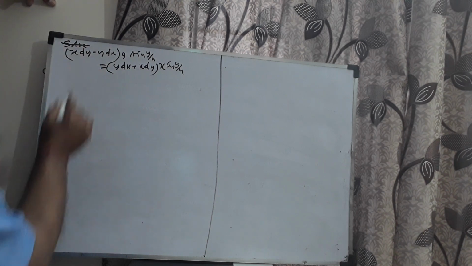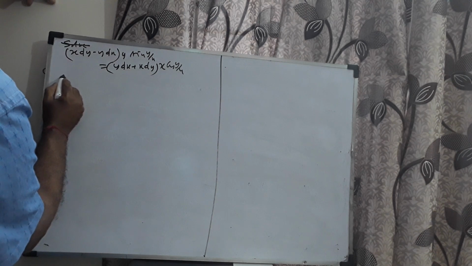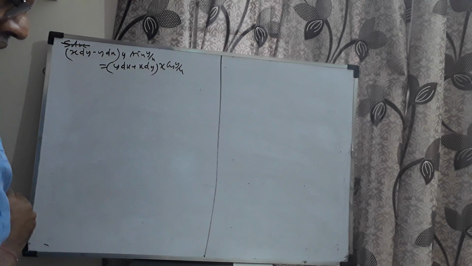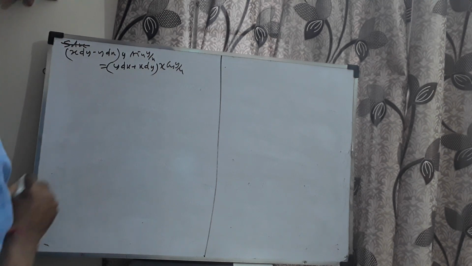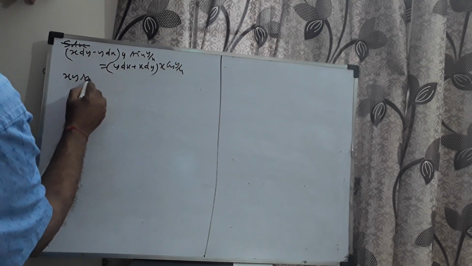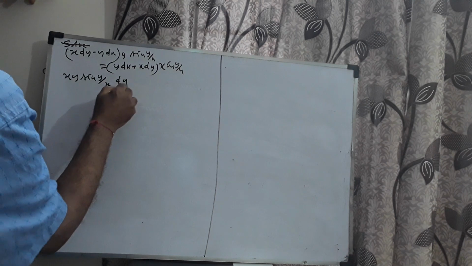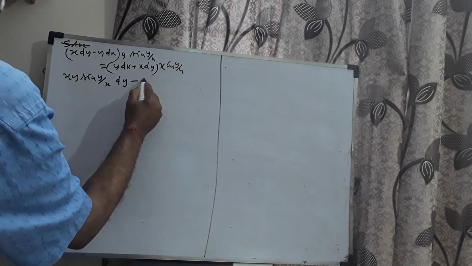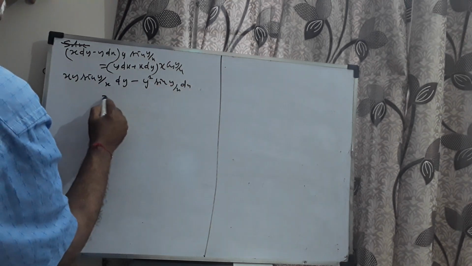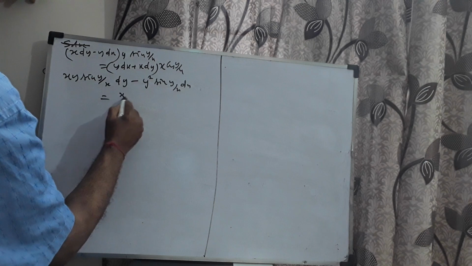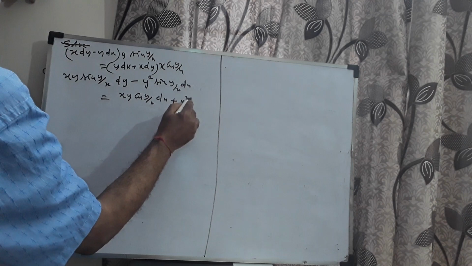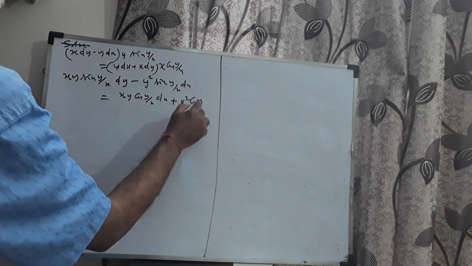This is the first step given to you. See here, it will become xy sin y by x dy minus y square sin y by x dx is equal to xy cos y by x dx plus x square cos y by x dy.